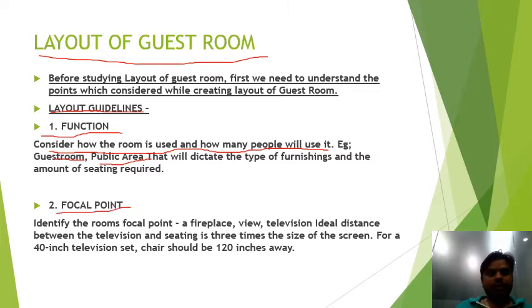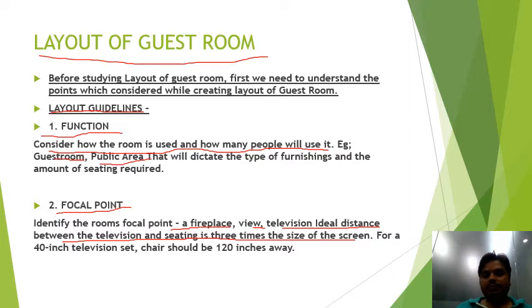Next is focal points. Identify the room's focal point: a fireplace, view, or television. The ideal distance between the television and seating is 3 times the size of the screen. So you must decide the focal point between the view and the other things available in the room.